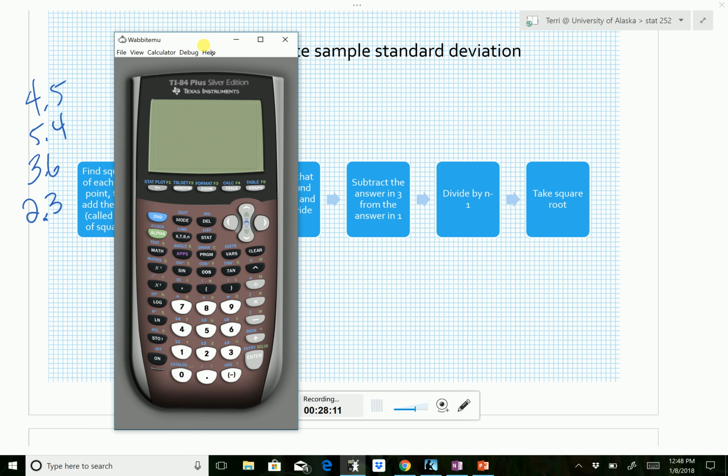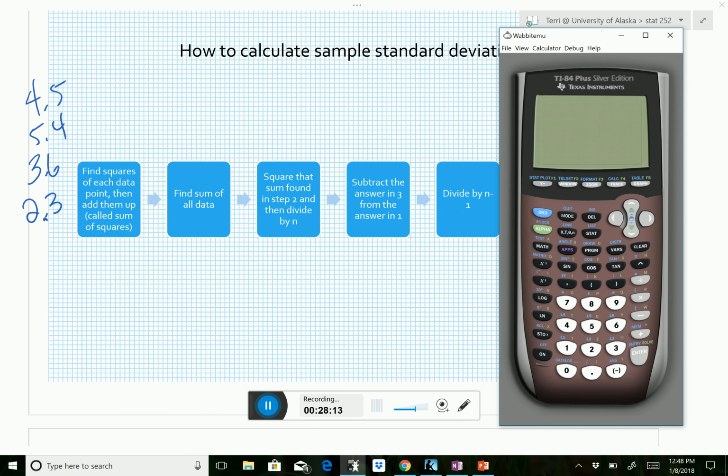Now remember the easy way to do that. I can go to list, edit, and enter 4.5, 5.4, 3.6, 2.3.